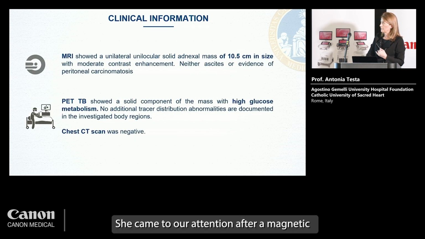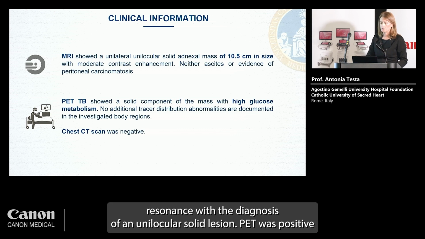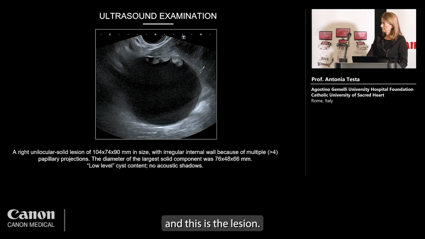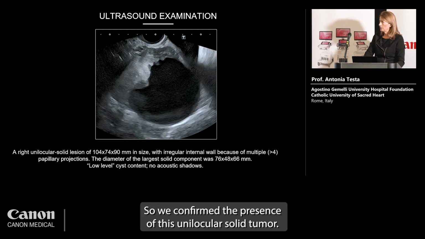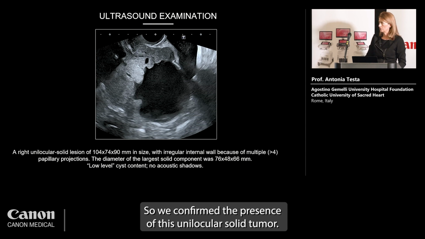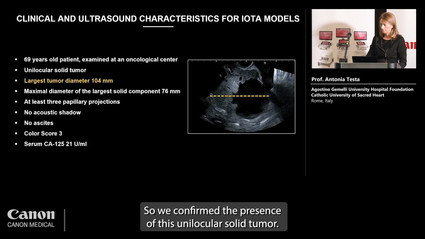She came to our attention after a magnetic resonance with the diagnosis of a unilocular solid lesion. PET was positive, and this is the lesion. So we confirmed the presence of this unilocular solid tumor.